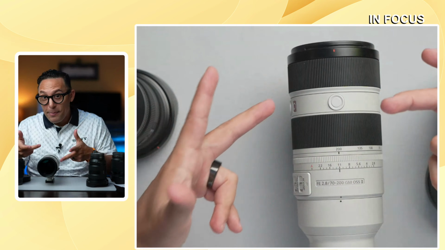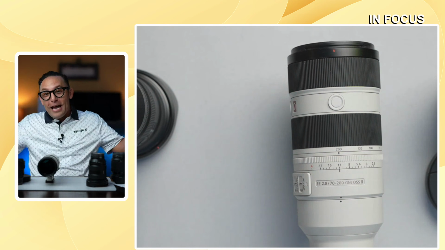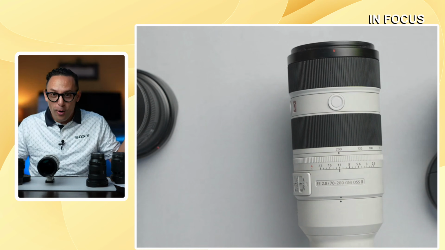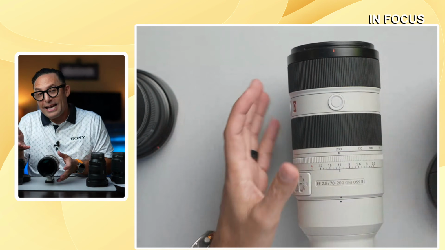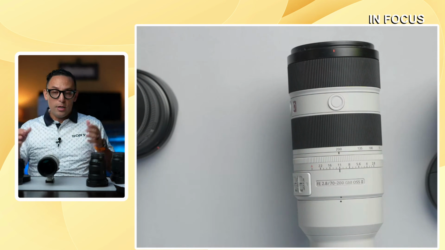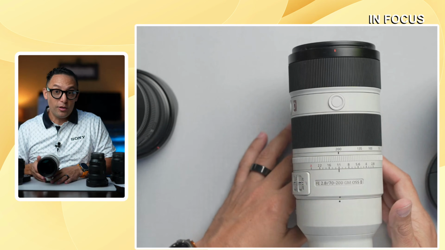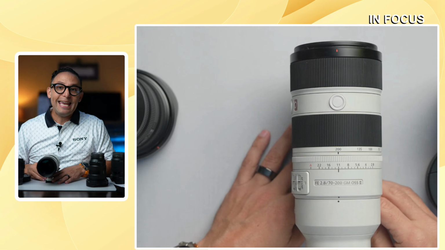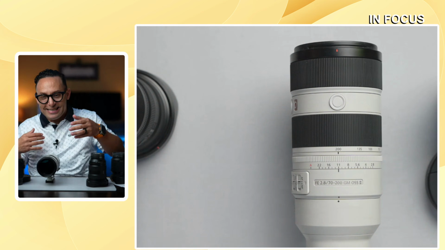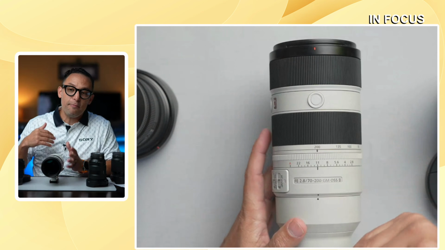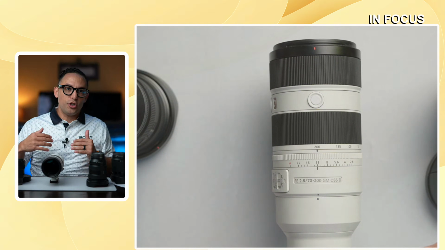And the opposite applies. The more wide angle I go, or the less the focal length, the more the depth of field will increase. That means I will have more acceptable sharpness from the foreground all the way to the background.